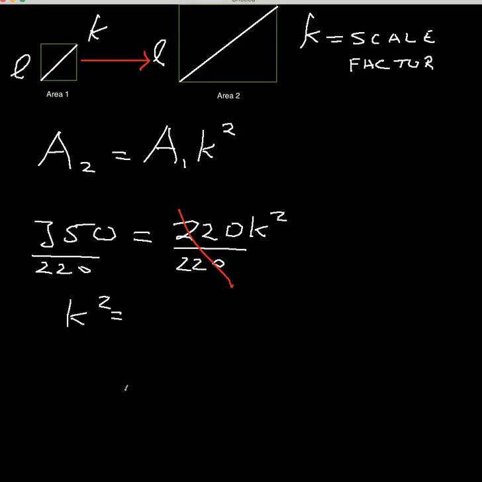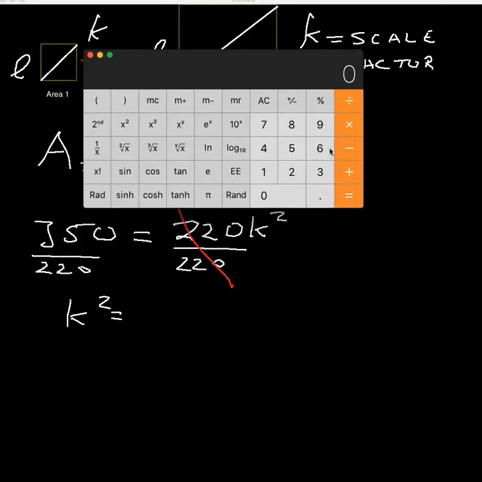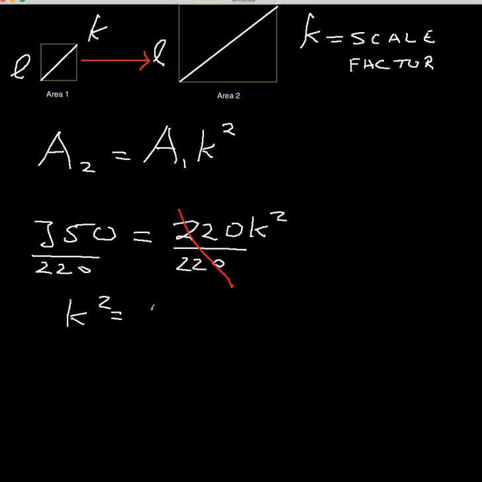So if we pull out the calculator, we can do that here. 350 divided by 220, we get 1.590909. I'm just going to keep it as a fraction for now because this is a terrible, ugly decimal, 350 over 220.